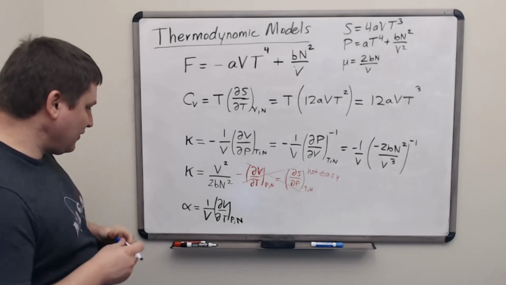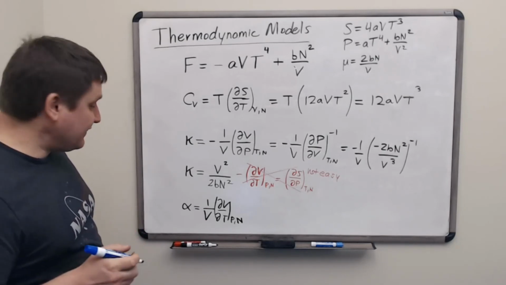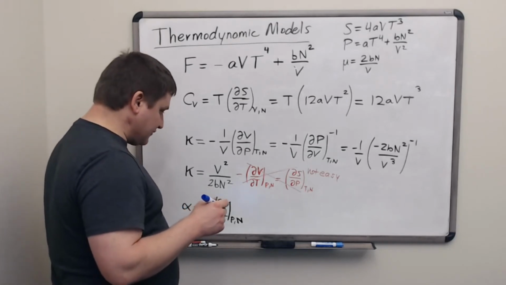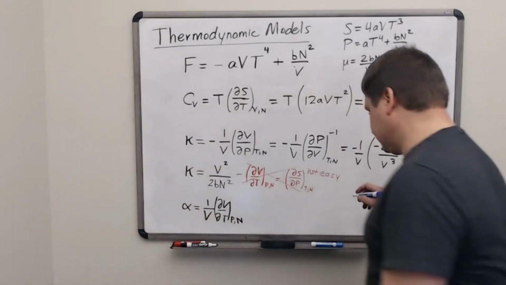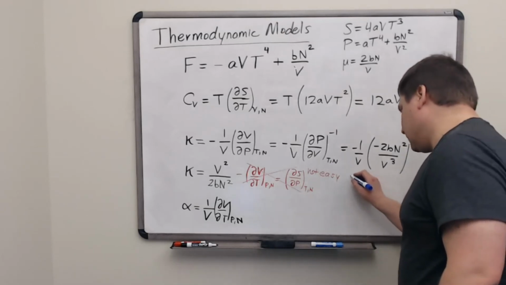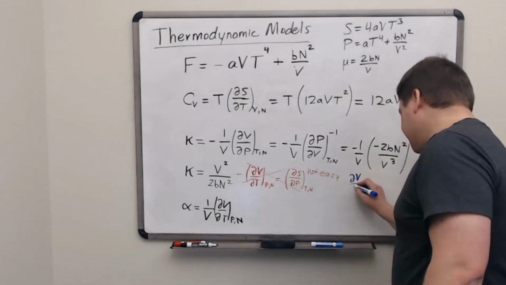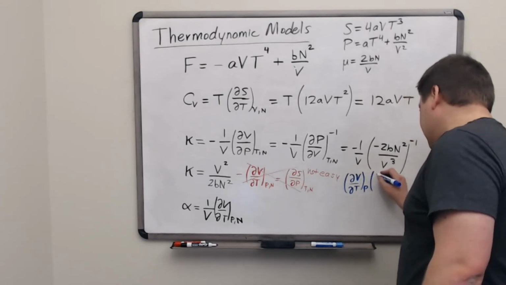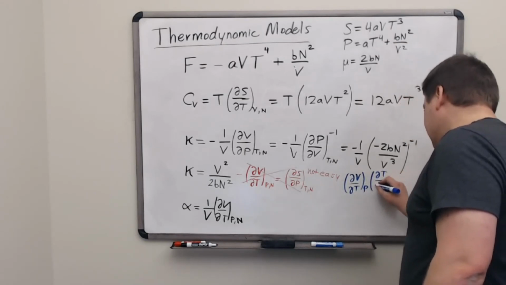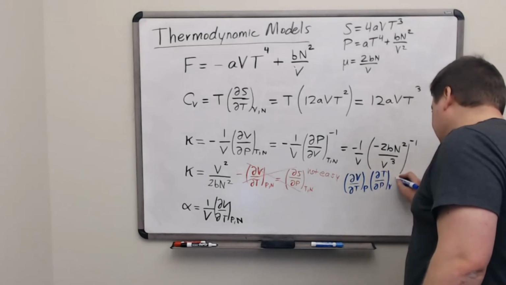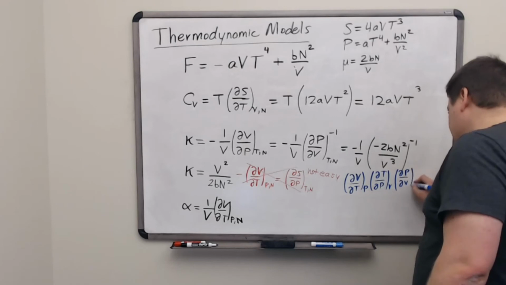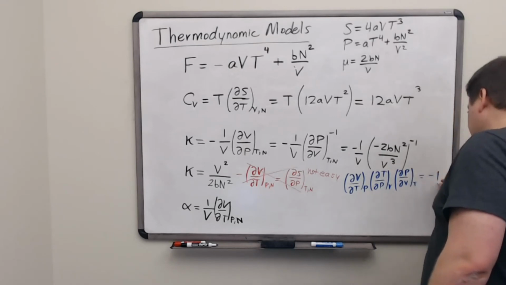Let's explore an identity of exact differentials. Do you remember the triple rule? The triple rule would be, in blue, dV/dT at constant pressure times dT/dP at constant volume times dP/dV at constant temperature equals -1.